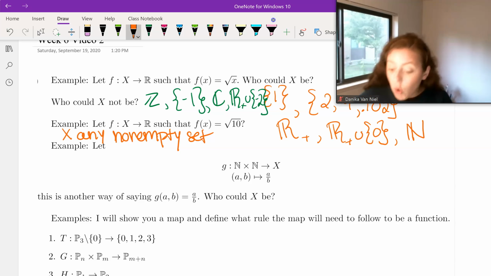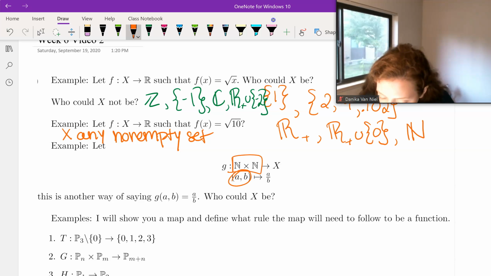Okay, cool. Oh, right. I wanted to introduce this notation. It just means G is defined as going from the domain to the codomain. And then below it, I have written here what the elements do, what the assignment rule is. So this comes from the N cross N, all right? And then G applied to that gives us a over b.